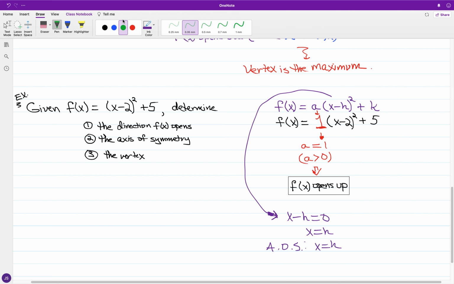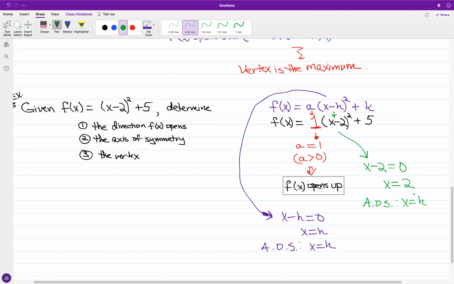Now, for what we have here, x minus h is going to be represented by x minus 2. So you have x minus 2 is equal to 0, and so we have that x is equal to 2. So that's going to be your axis of symmetry. You have x represents h, and for that value h in this specific instance, that is going to be equal to 2.